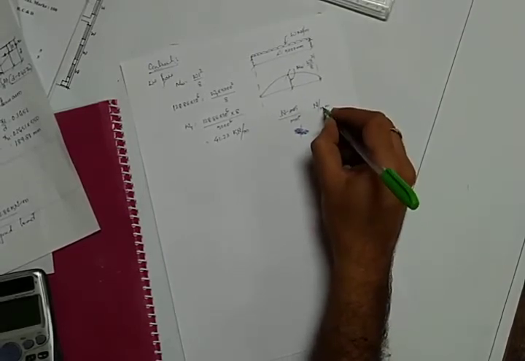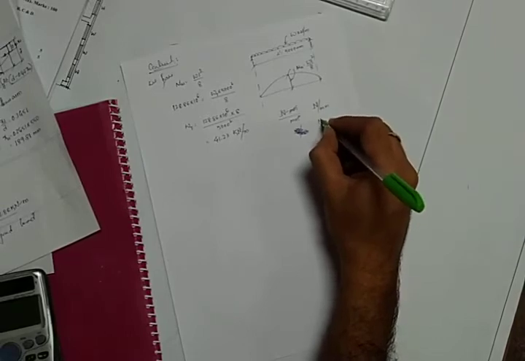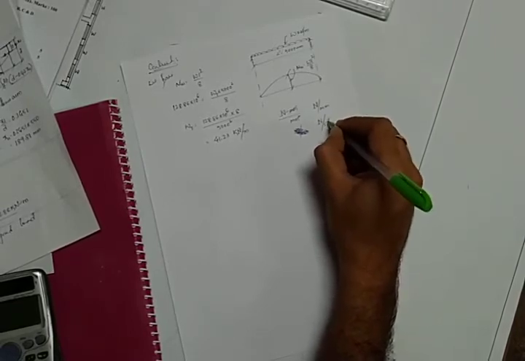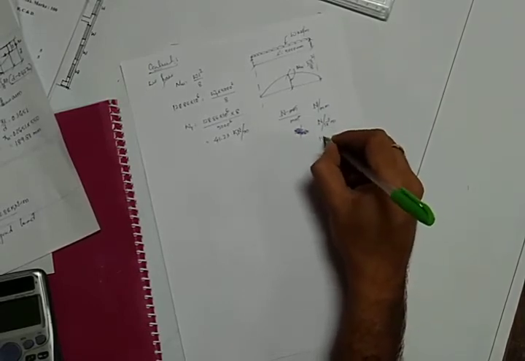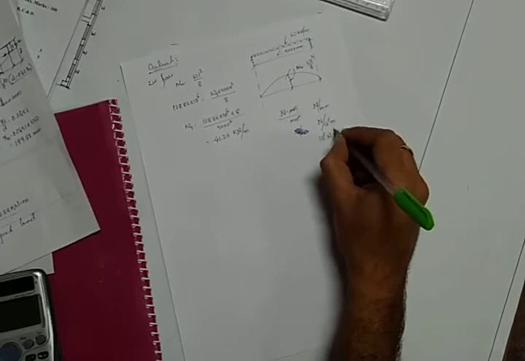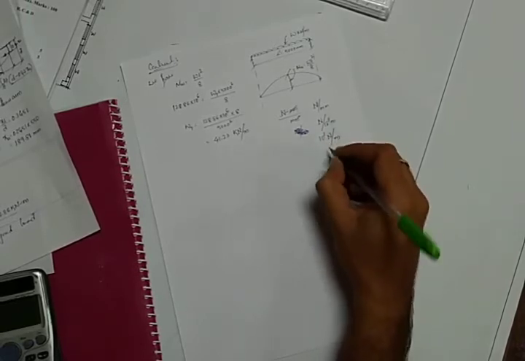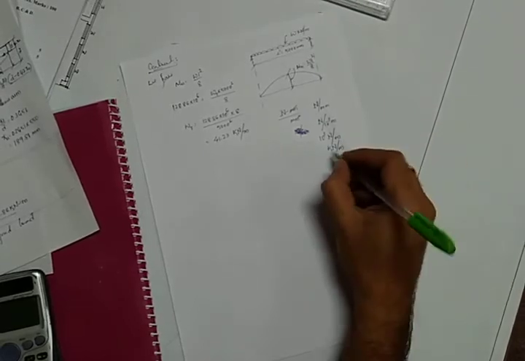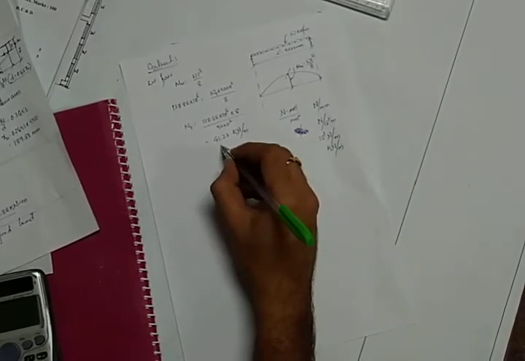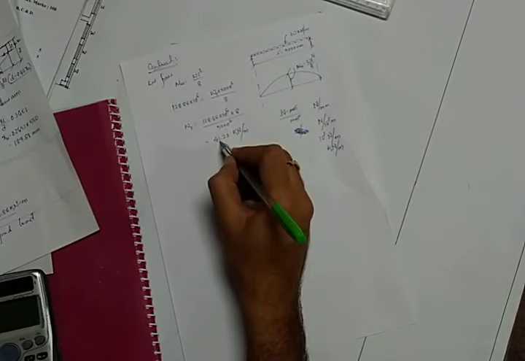Millimeter means 10 power minus 3 meter, so when it comes to the numerator it becomes 10 power 3 into Newton per meter. 10 power 3 is nothing but kilo. So there will be kilonewton per meter. That's why I am writing here: the total load is 41.23 kilonewton per meter.